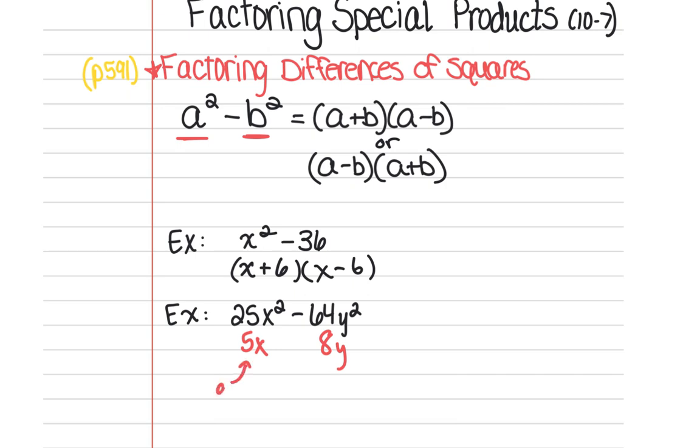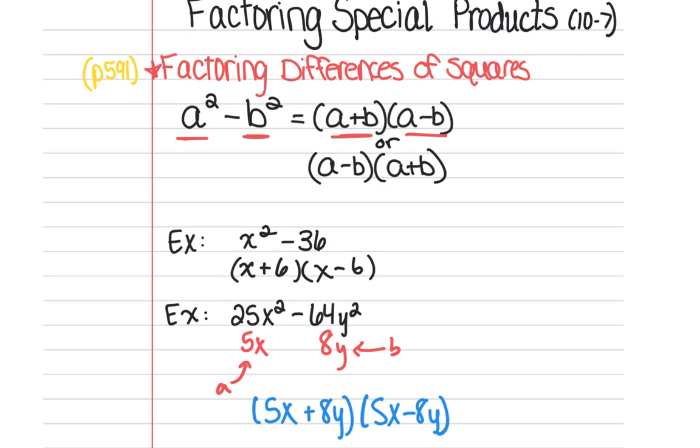So think of this as a, think of this as your b, and then we're going to do a plus b and a minus b. So 5x plus 8y would be my a plus b. 5x minus 8y would be my a minus b. And again, we can always check it by foiling.